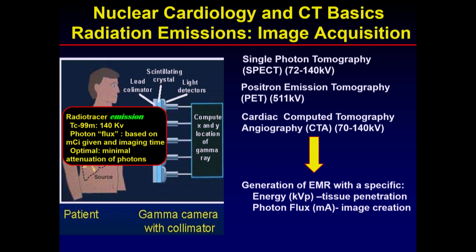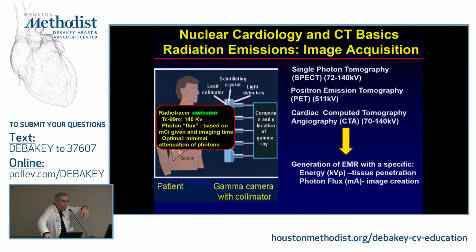And so just to keep in mind, when we think about generating images, energy, or kV, is like the locomotive. I always think of it as the locomotive. It's what gets you there. It's what gets you to the tissue, okay? But the photon flux, or the amount of photons that are emitted, really make the image. So the photons kind of sit in the train, and they're carried by the kV to where they need to go, but it's the photons in the train when they get there that really make the image, okay?